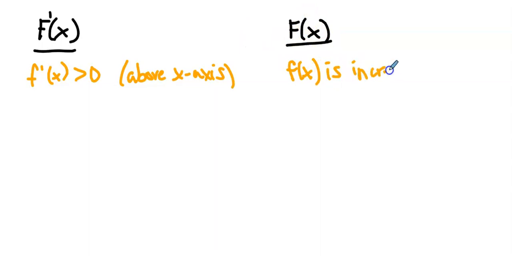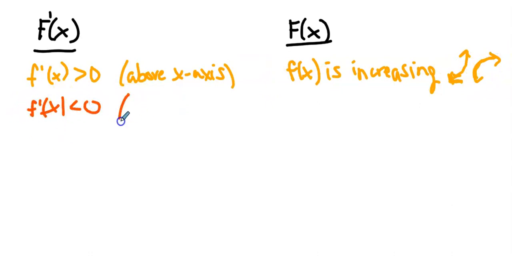It's going to be increasing, which means that my function is literally going to be going up like this or up like this. This is concave up, this is concave down, but my function is still going to be increasing. If my derivative graph is below 0, then I'm below the x-axis.